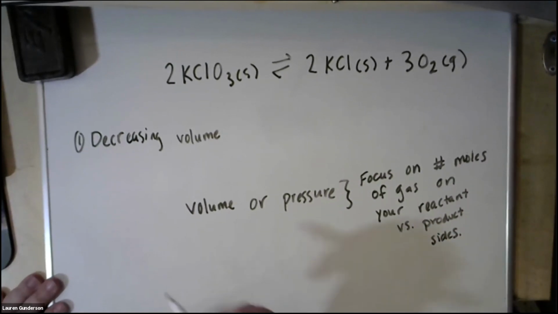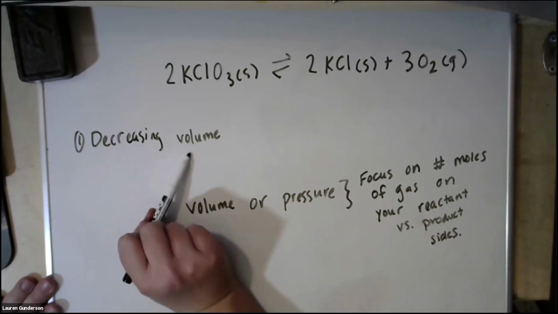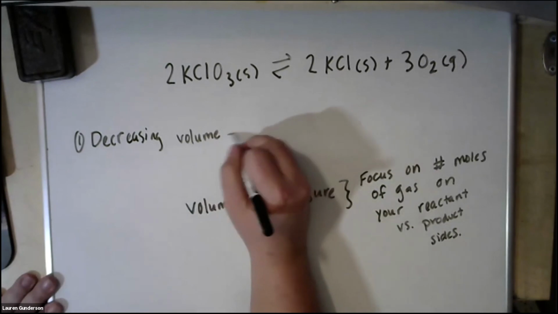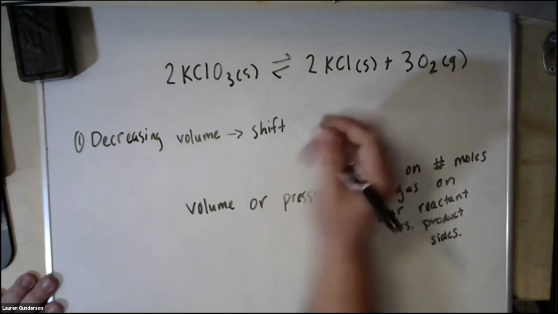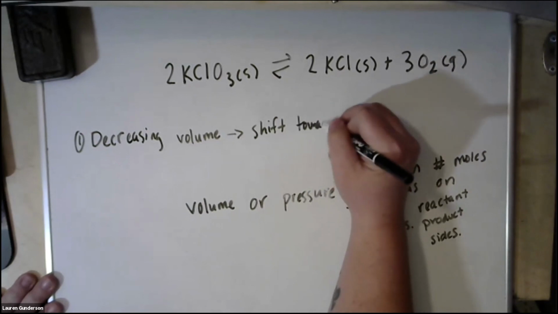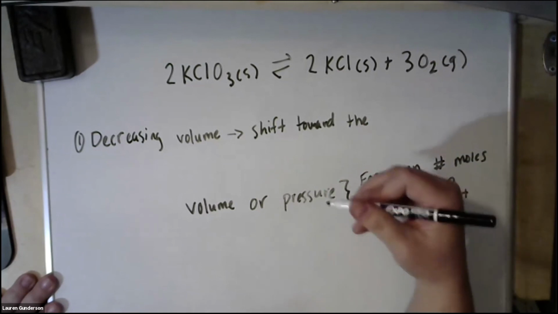Now, when we decrease the volume of our container, our reaction is going to shift toward the side with fewer moles of gas.